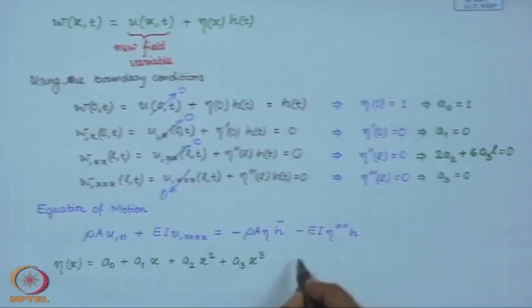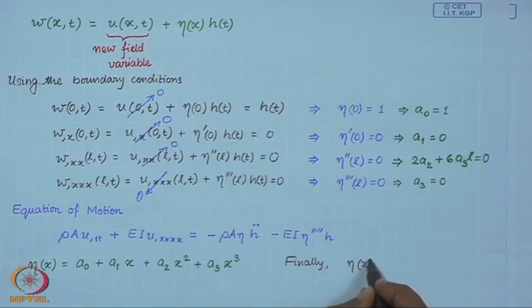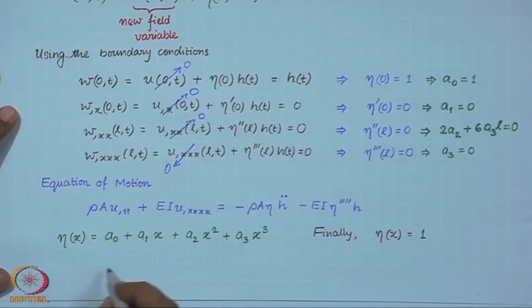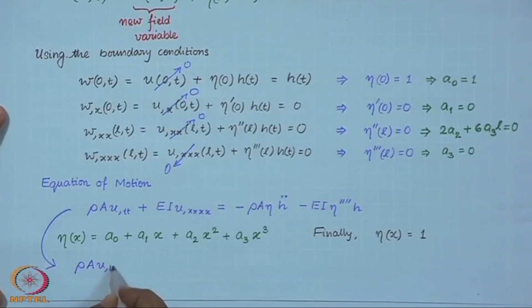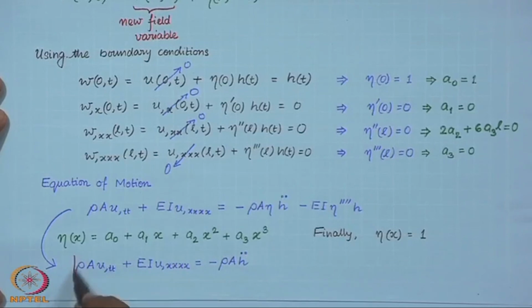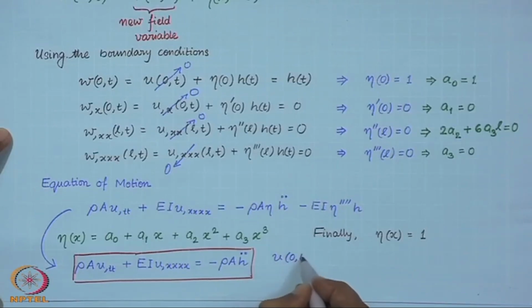So, in that case, finally, and therefore, the equation of motion, so what we obtain from here, so this is the equation of motion, and this is accompanied by boundary conditions which are all homogeneous.